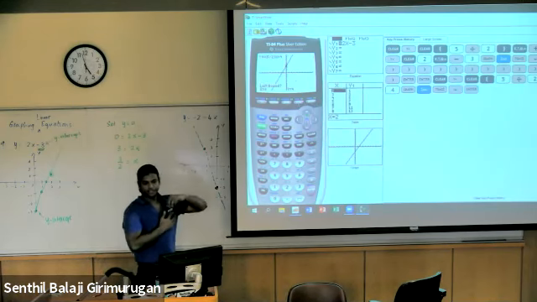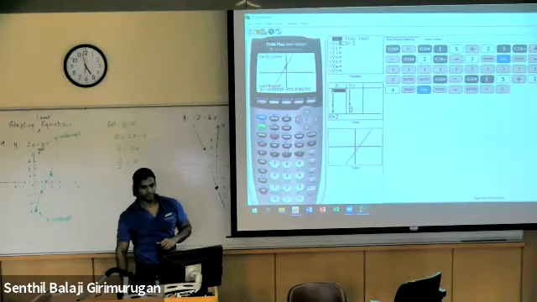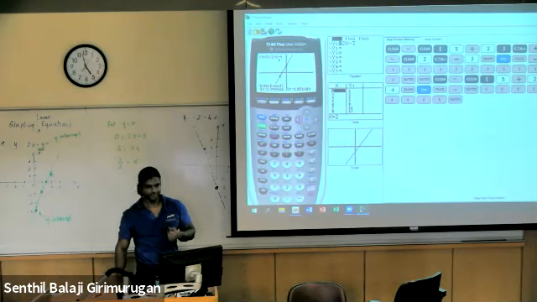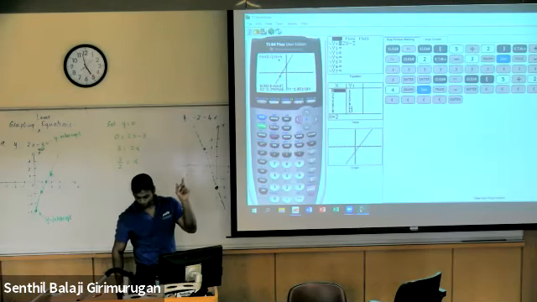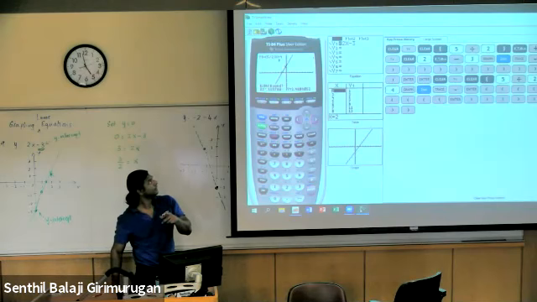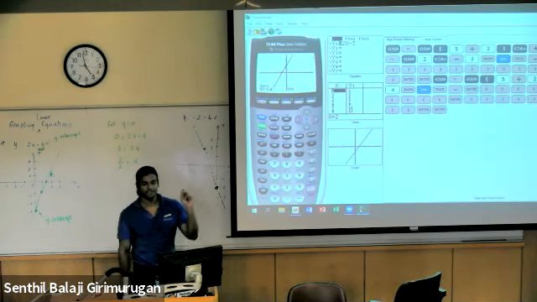It's asking for the left bound, so you have to go to the left of the 0, enter. Then it's asking for the right bound, so right of the 0, enter. Enter one more time, gives you negative 1.6. Did we get negative 1.6? Yes.